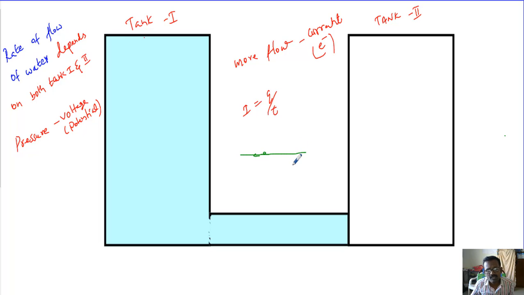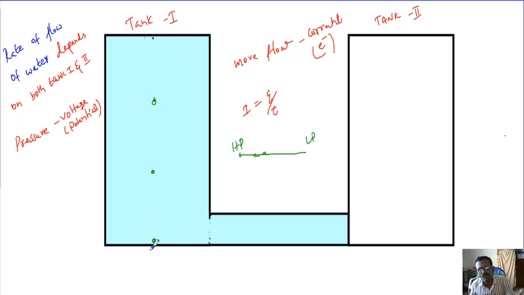If you want to make the electrons flow, this point should be at higher potential and this should be at lower potential. See, you compare this. Now I take 4 points: point number 1, point number 2, point number 3, point number 4.